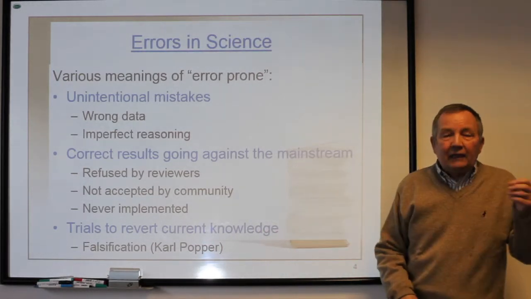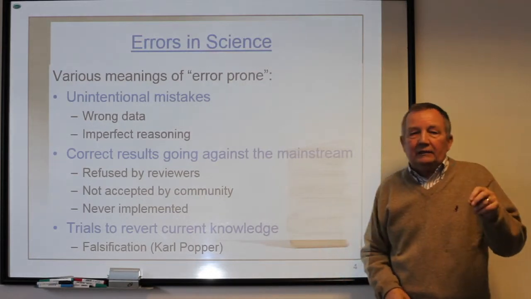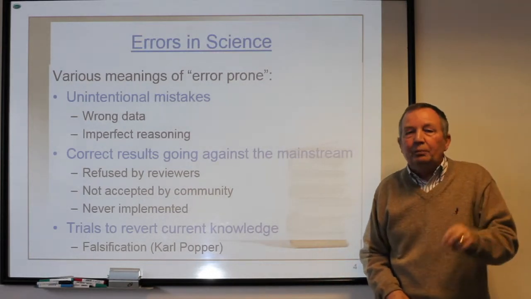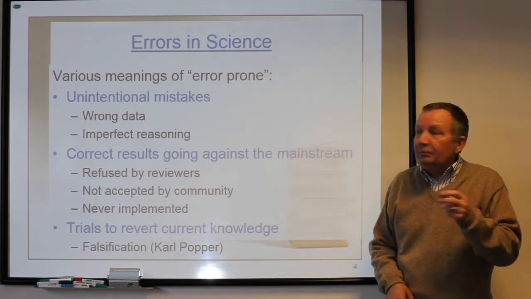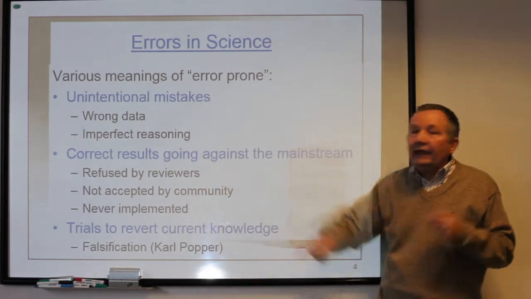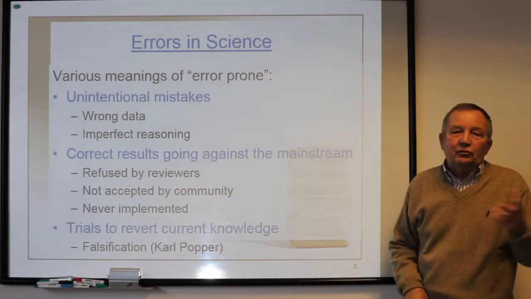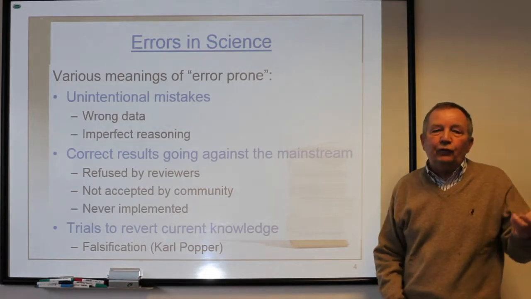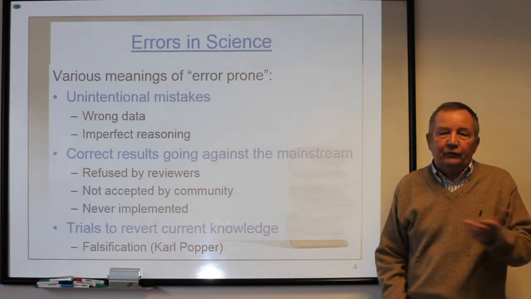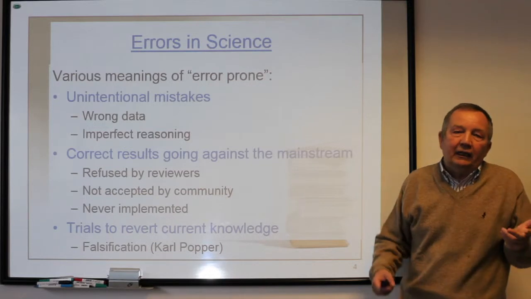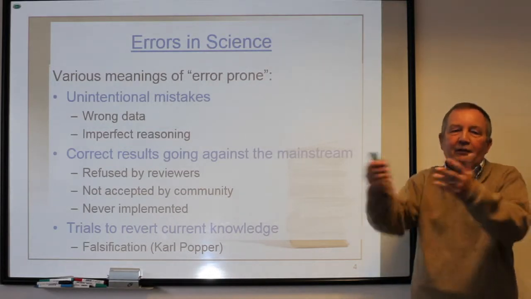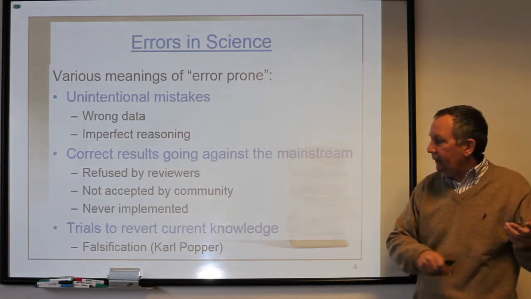Then sometimes even correct results are presumed to be false, simply because they go against the mainstream. As such, they are refused by reviewers of academic journals, saying it cannot be true because it goes against everything.